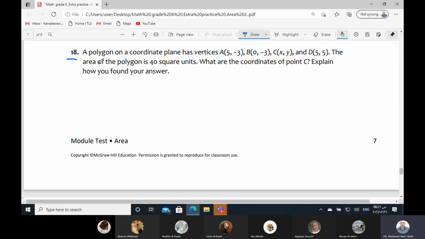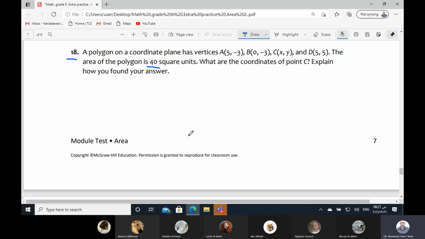Number 18, a polygon on a coordinate plane has vertices A, B, C, and D. The area of the polygon is 40 square units. What are the coordinates of point C? Explain how you found your answer.